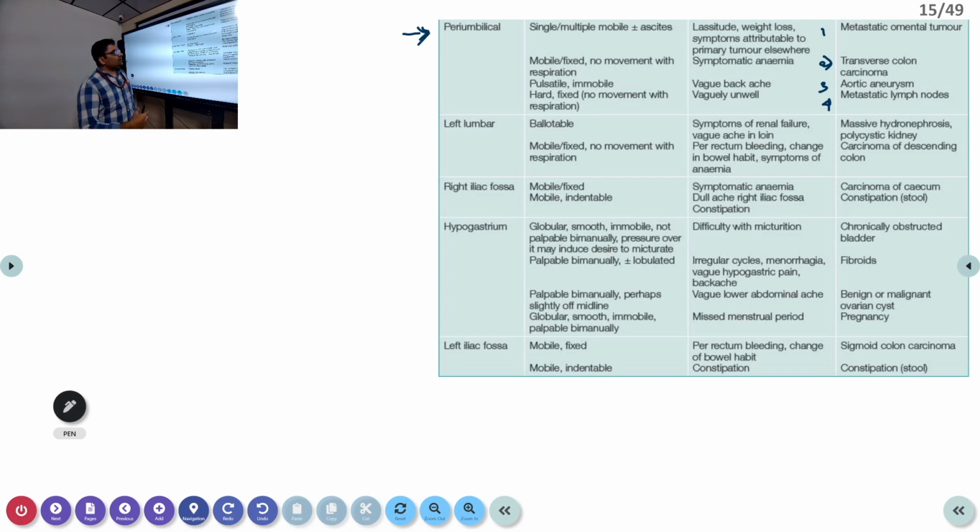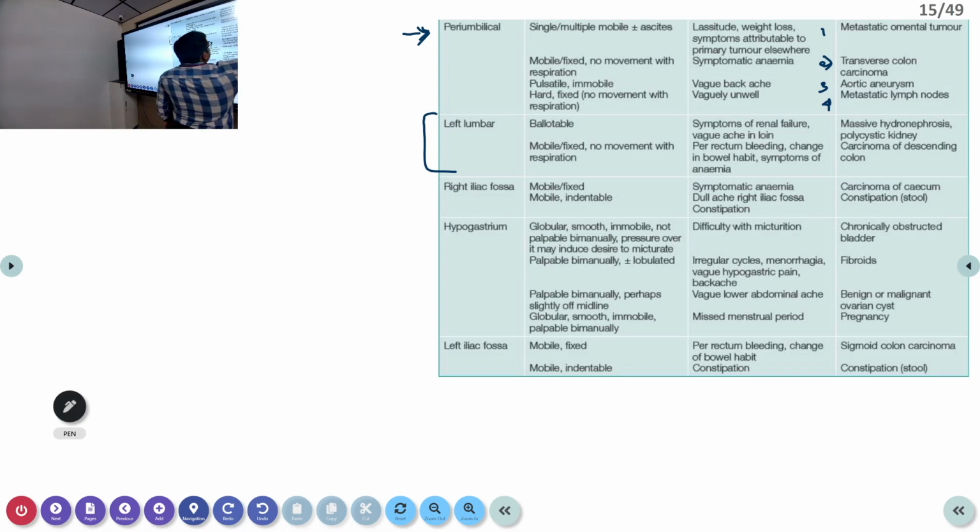In the umbilical area, the duodenum and pylorus also come. As we discussed, even the pancreatic pseudocyst may come, which is also very important. And the left lumbar is similar to the right lumbar, which we already discussed.